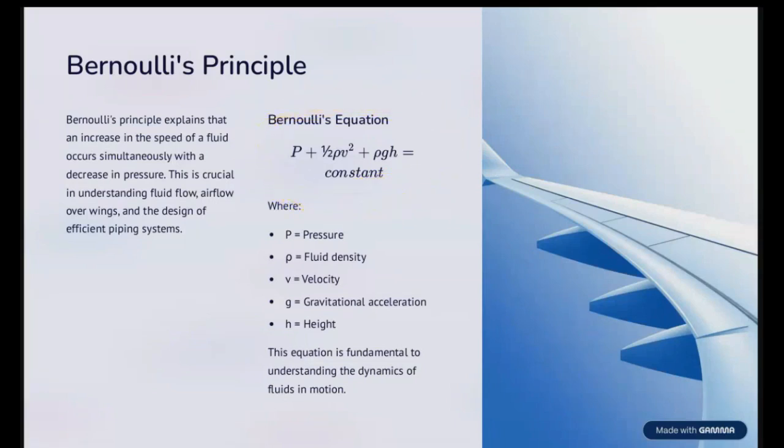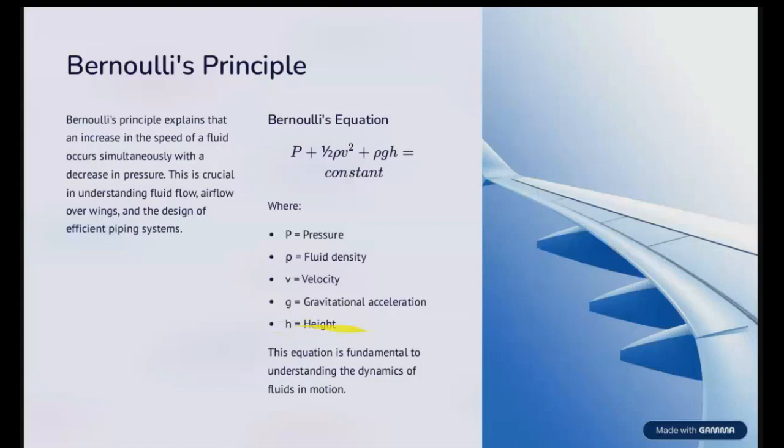P represents pressure. This curvy one that looks like P represents fluid density. V represents velocity. G is acceleration due to gravity, and H represents the height of the system, or the length in some cases.